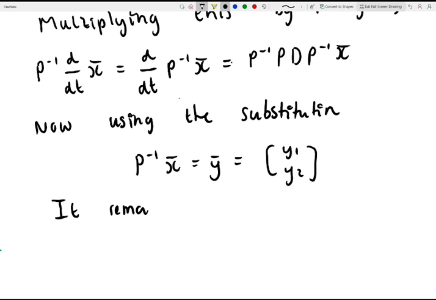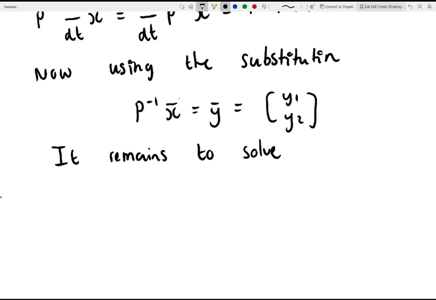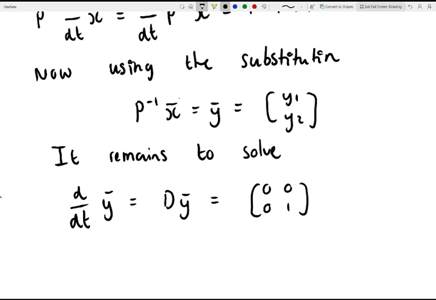It remains to solve the derivative with respect to t of y bar is equal to capital D times y bar, which is 0, 0, 0, 1 times y1, y2.